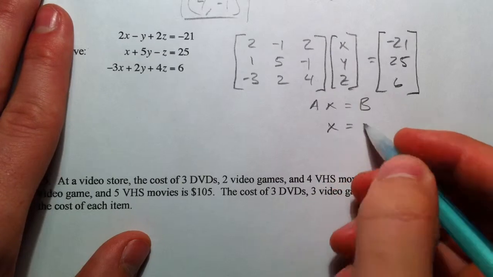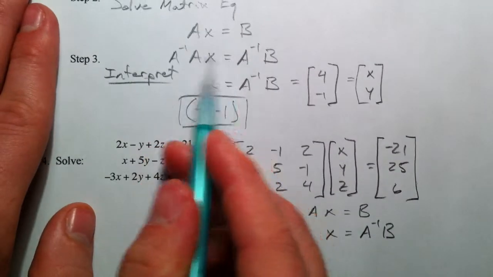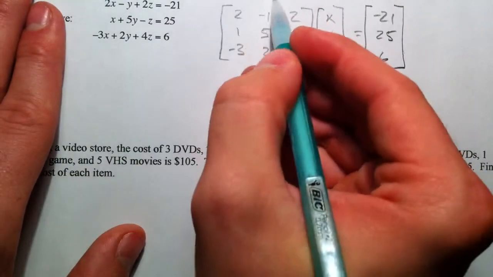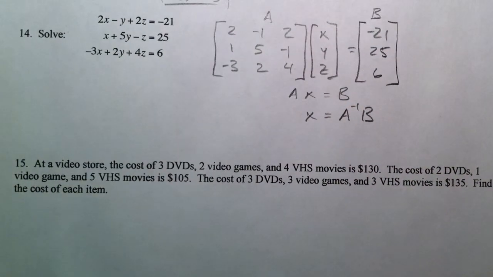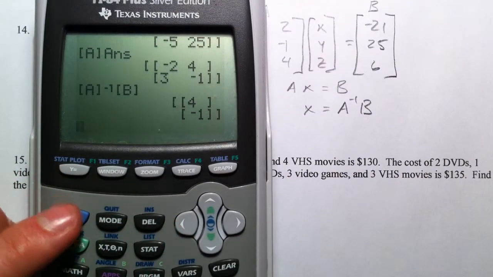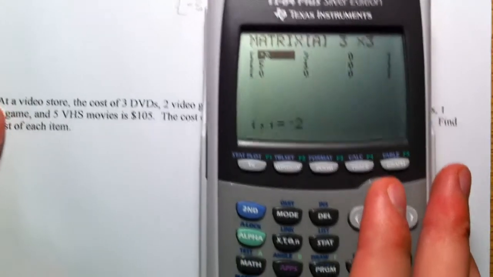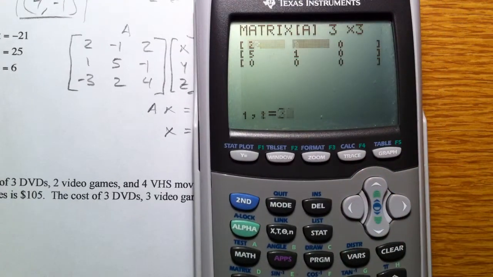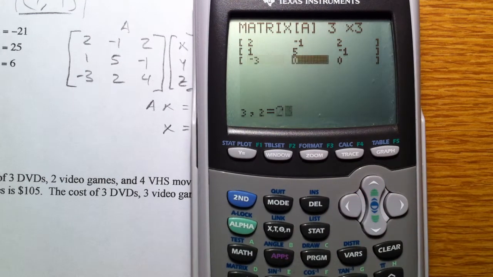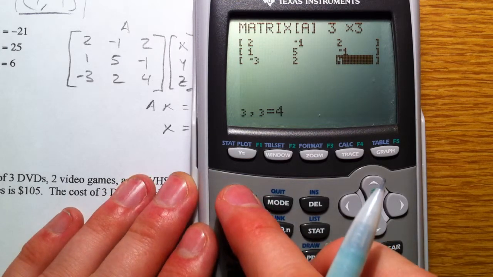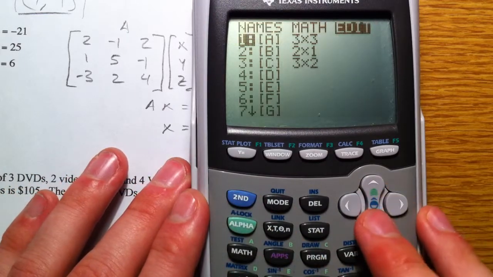And so again, the exact same, if you multiply both sides by A inverse, just like we did up here, I'm just skipping that middle step. Call this A, call this B. Let's stick it into our calculator and see what we can find. Matrix A, we're going to edit to 3 by 3. You always want to double check what you're typing in.